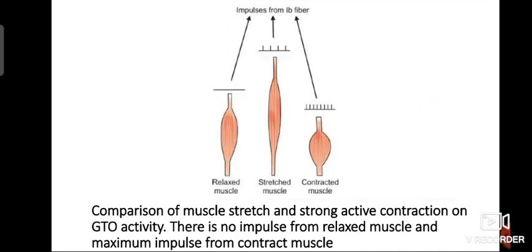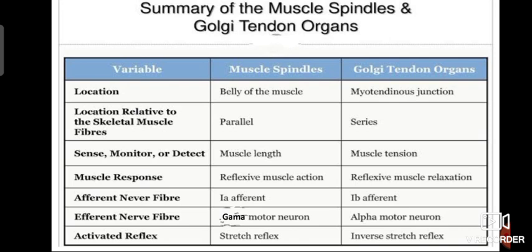maximum impulses. Now the summary of muscle spindle and Golgi tendon organ. The variable first is location. Muscle spindle is present in the belly of the muscle, and Golgi tendon organ is present at the myotendinous junction. Second is location related to the skeletal muscle fiber or extrafusal muscle fiber.